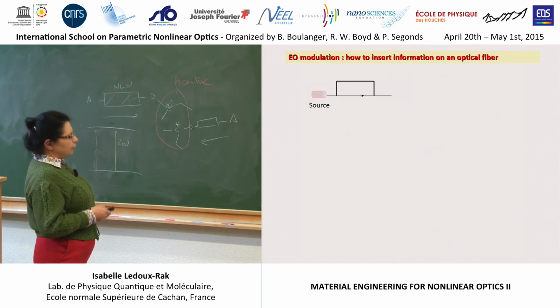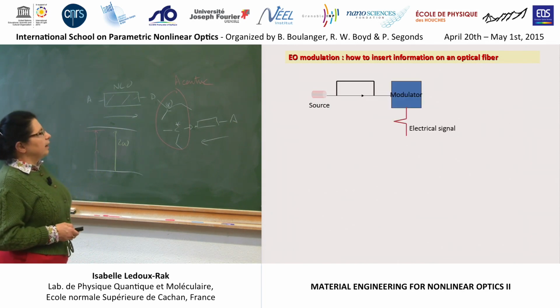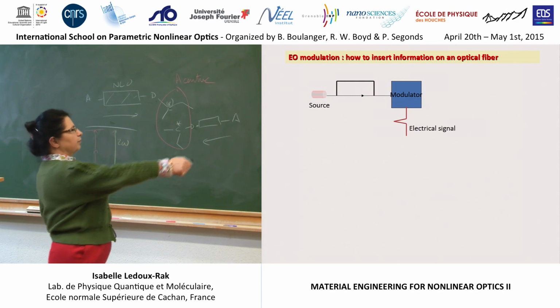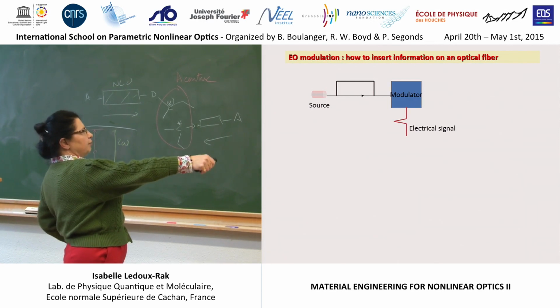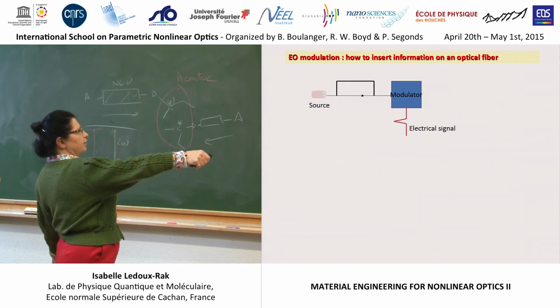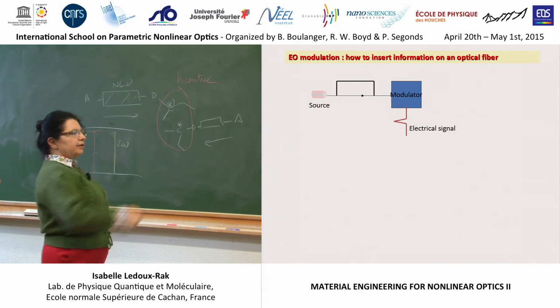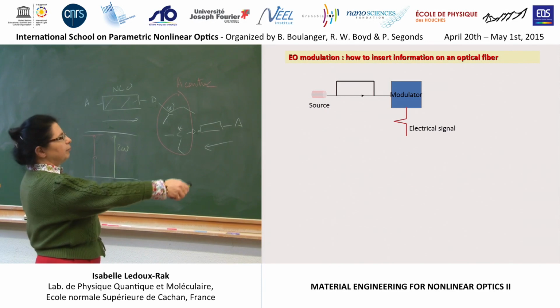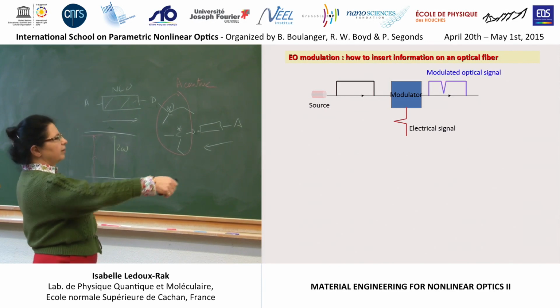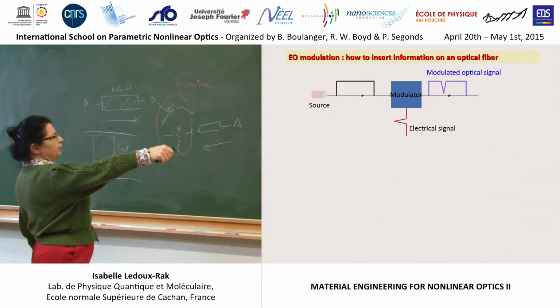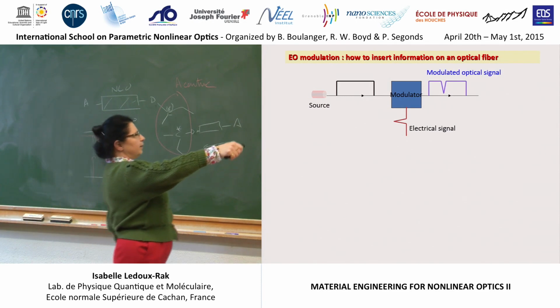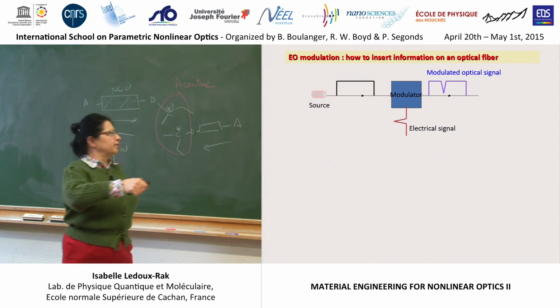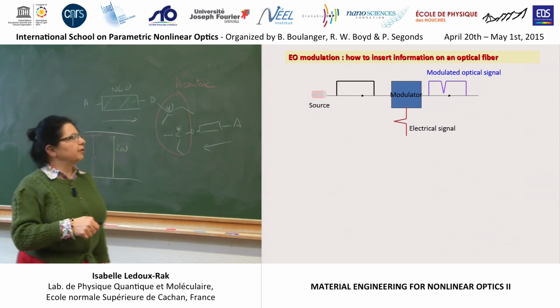We have a source with a signal, a continuous signal here, and we want to imprint the information coming from an electrical signal. It can come from your computer. To imprint this information, you can change the phase or amplitude of the source if the modulator displays a nonlinear response. A quadratic nonlinear response would be the electro-optic coefficient.